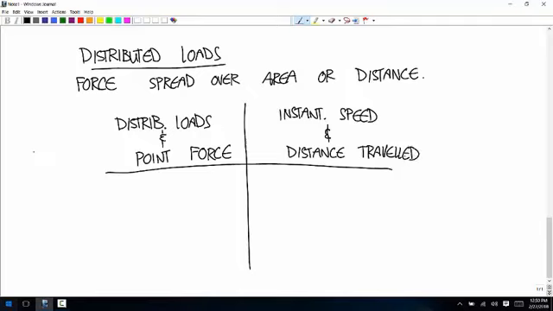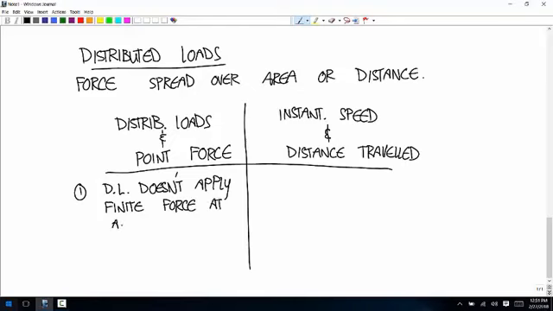Okay, so first of all, a distributed load doesn't apply a force at any single point. So a distributed load doesn't apply a finite force at any point.